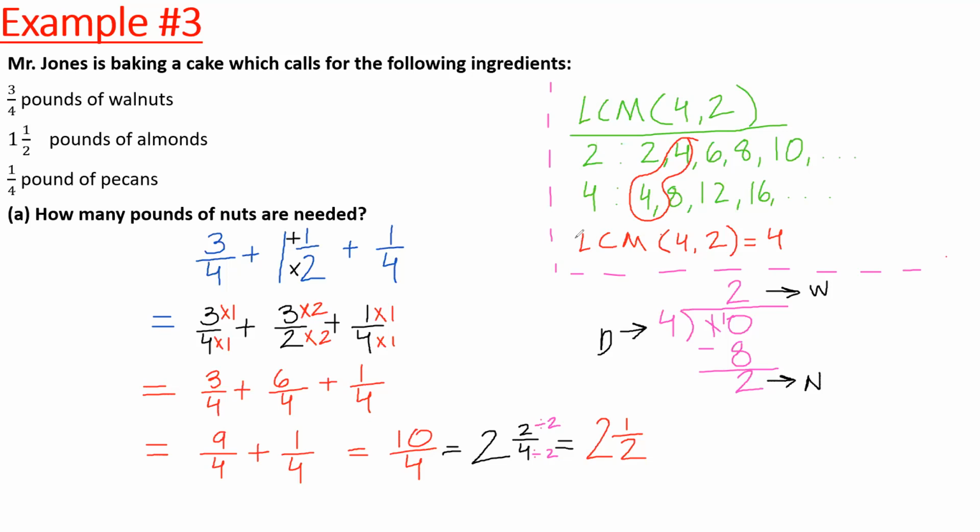And when we simplify 10 over 4, we get 2 over 4, and then we divide 2 over 4 by 2, which equals 1 over 2. Thank you, Gianna.